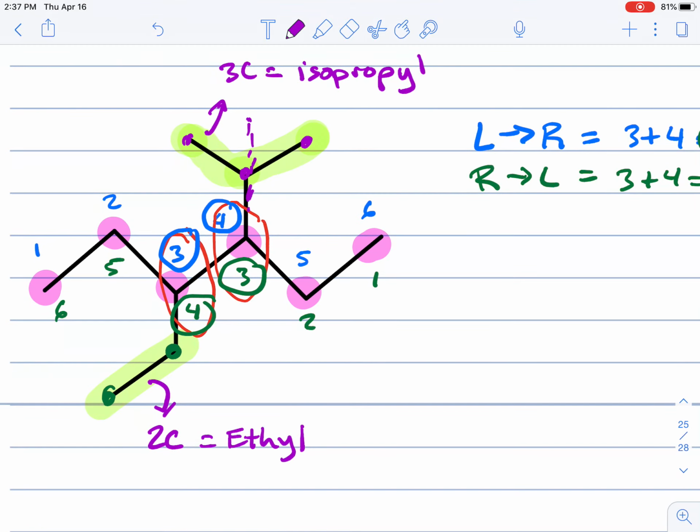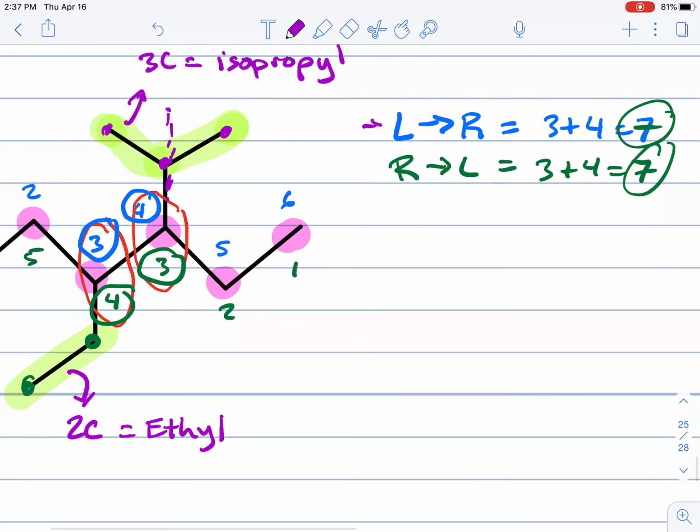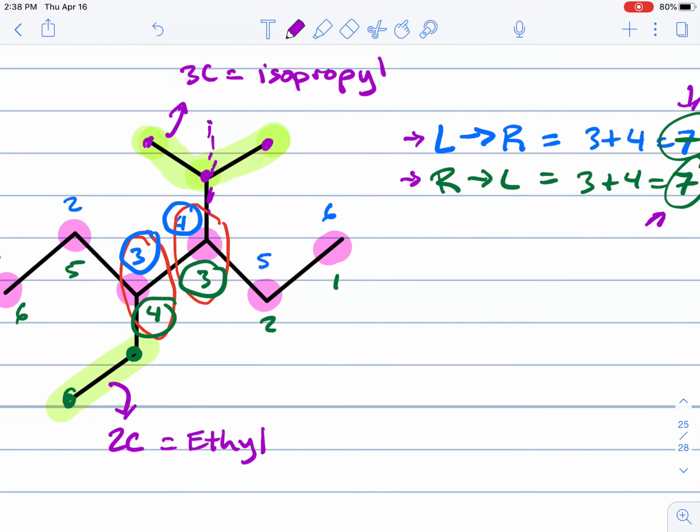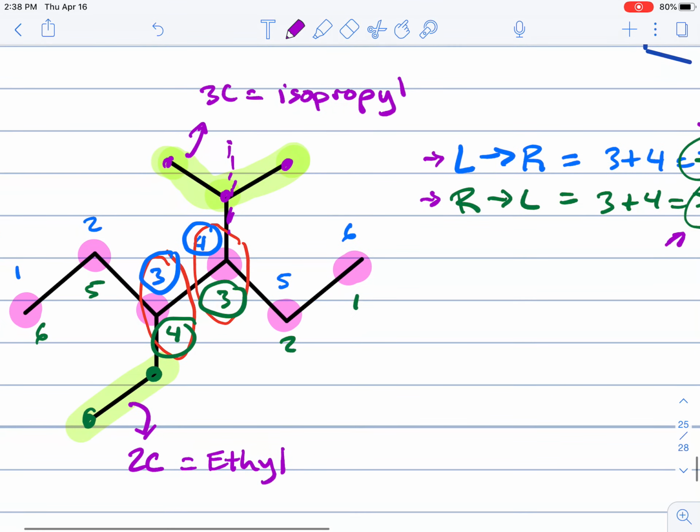When you come across a situation like this, where you number from left to right or right to left and the sum is the same, then you have to choose the path that would give the lowest carbon number to the first substituent that you name in alphabetical order.